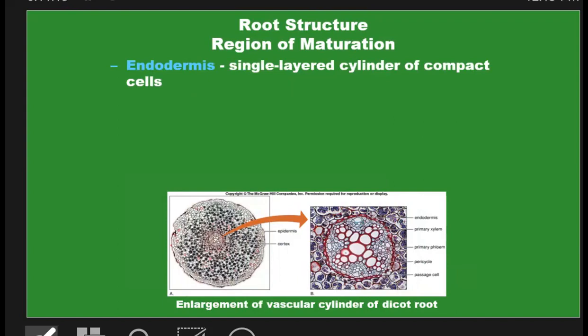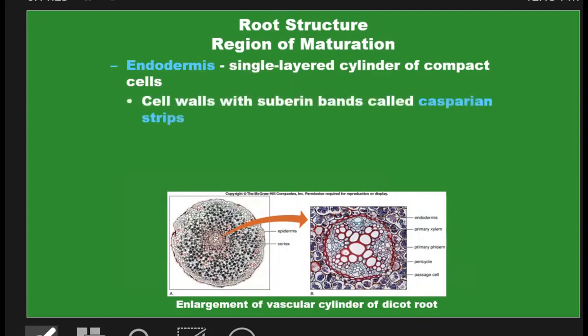So the endodermis is that big red ring, those cells that are in a ring, those are the endodermis. And the endodermis kind of separates out the cortex region of the root from the vascular tissue. All right, it's like a barrier where outside of the endodermis you have all those cortex cells.